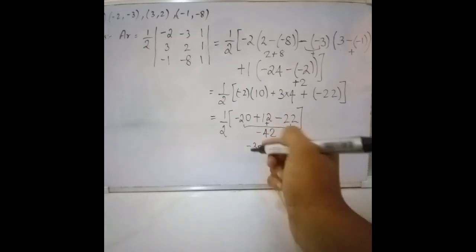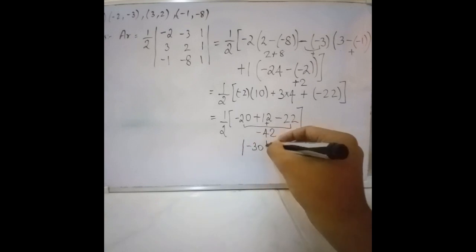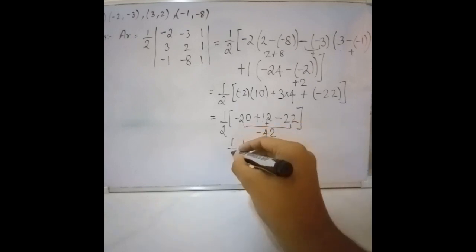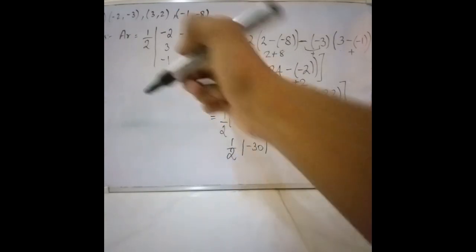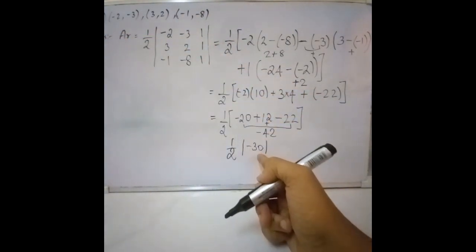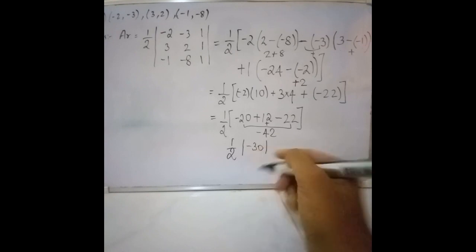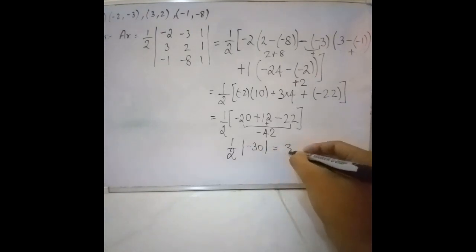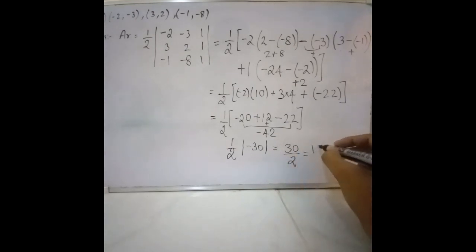Now the determinant has to be taken with modulus because it's a negative number and we need the area to be positive. The determinant is -30, so take the modulus and you get +30, then divided by 2, and the final answer is 15 square units.